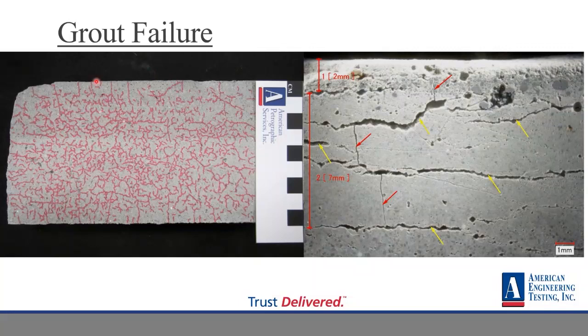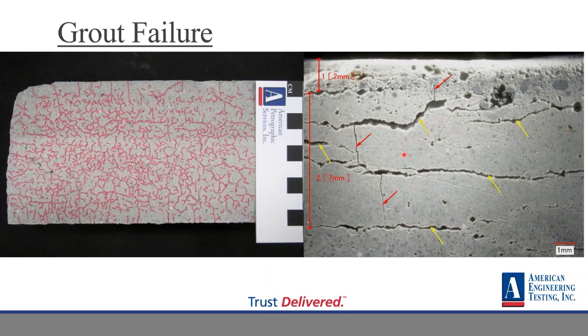So it ended up being a grout failure that caused that to happen. After looking at like 100 concrete cores and several samples of grout, we determined that the grout failed and it wasn't really what it was supposed to be. So you can see all this red ink is all microcracks that one of my colleagues had mapped under the microscope. Very tedious, but it definitely gets the point across that something happened.